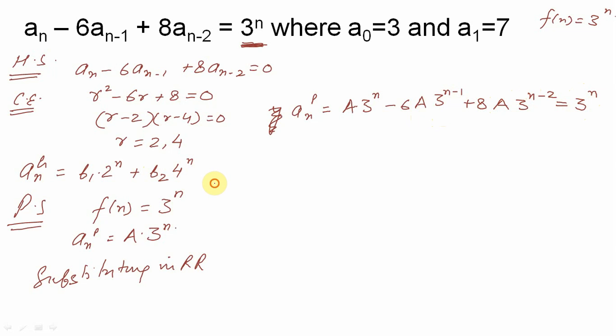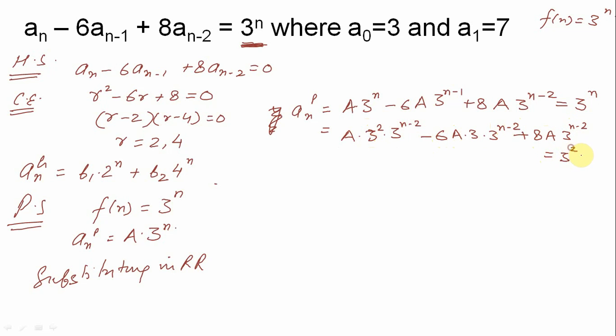Right? Now, solving it, I can write it as a into 3 square into 3 to the power n minus 2, minus 6a into 3 to the power n minus 2, plus 8a into 3 to the power n minus 2, is equal to 3 square into 3 to the power n minus 2.